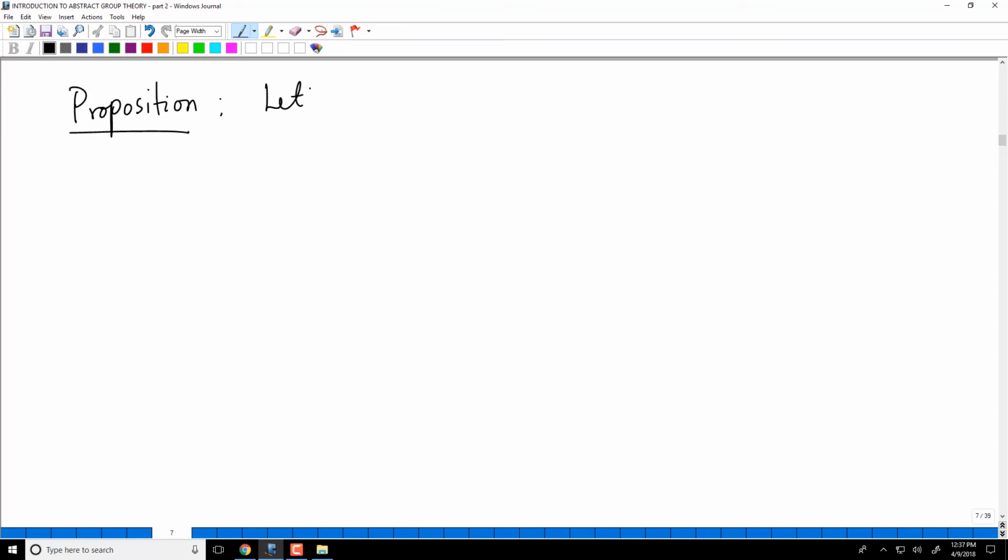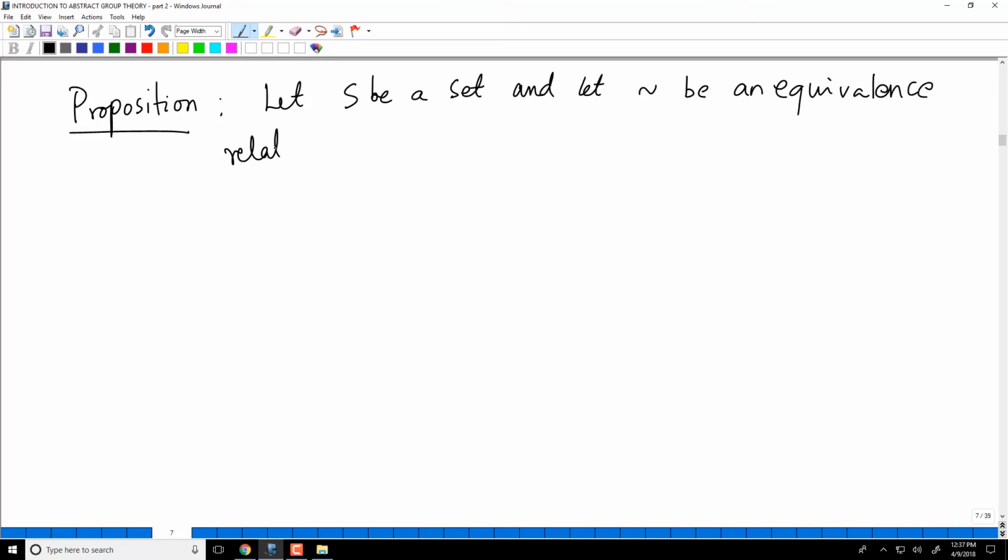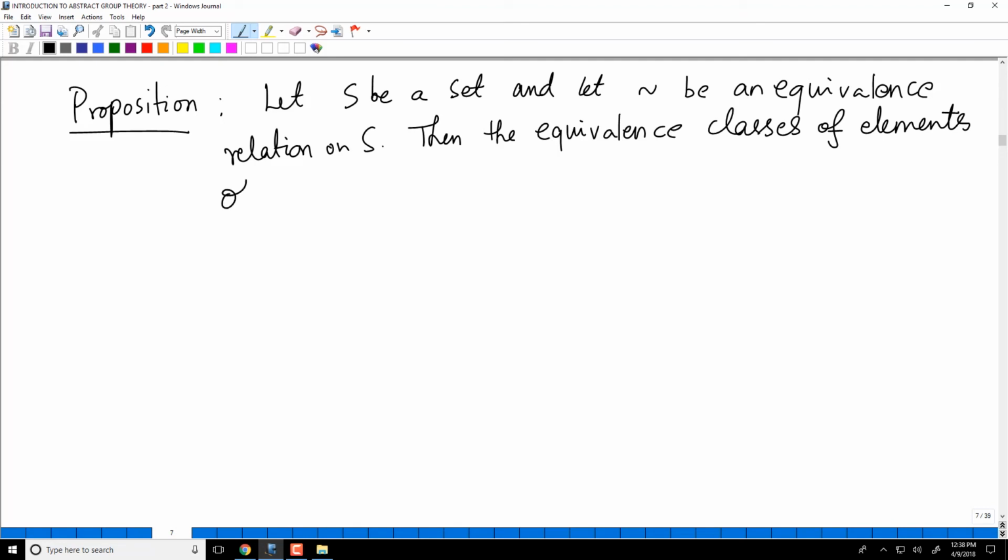Let S be a set and let this be an equivalence relation on S. Then the equivalence classes of elements of S partition S. So partition S, that is, S is a disjoint union of them.